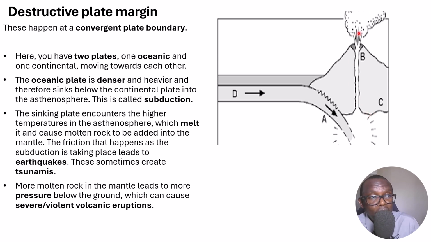And because it's thick and viscous, once the magma is on the surface and is now lava, the lava is not going to flow over very long distances. That will lead to what are referred to as composite volcanoes, which are quite steep. This here, for example, is a composite volcano.